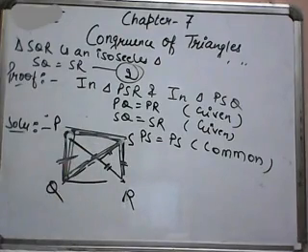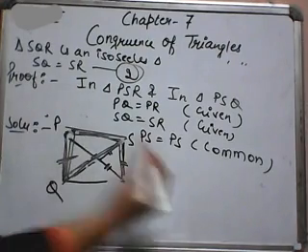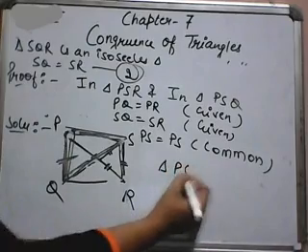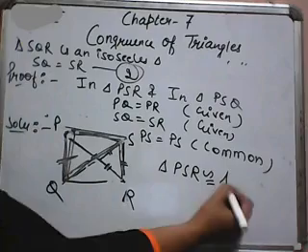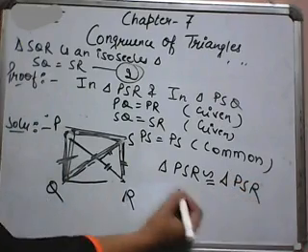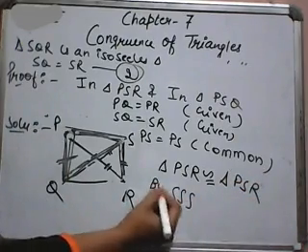In triangle PSQ, SQ, and in triangle PSR, SR: these two sides are also equal. It is given to you. Now PS is equal to PS, a common side in both these triangles. Now three sides of one triangle are congruent to three sides of another triangle. So we can say these two triangles are congruent to each other by using side congruence criteria.